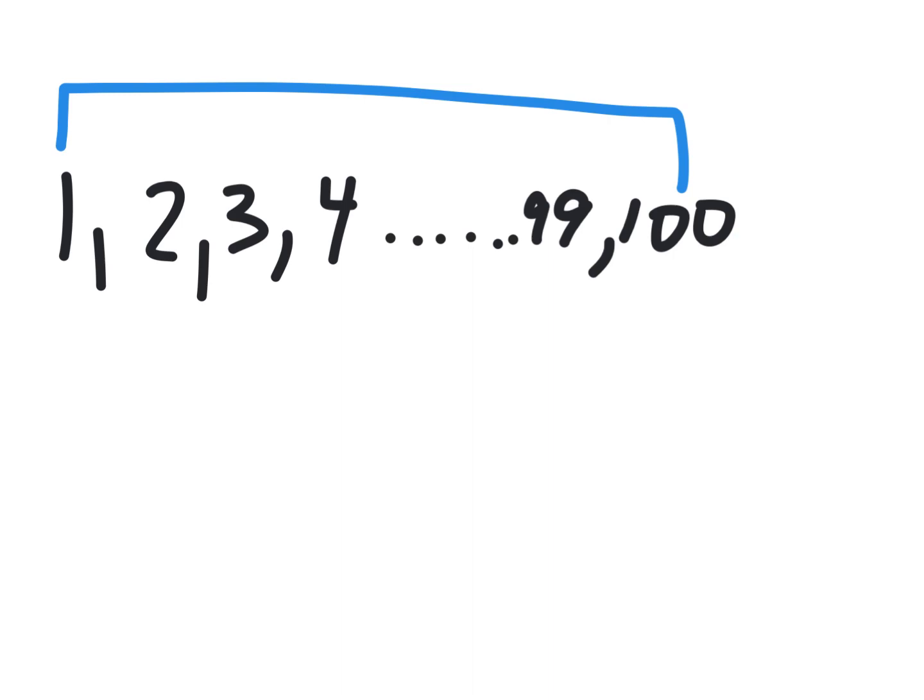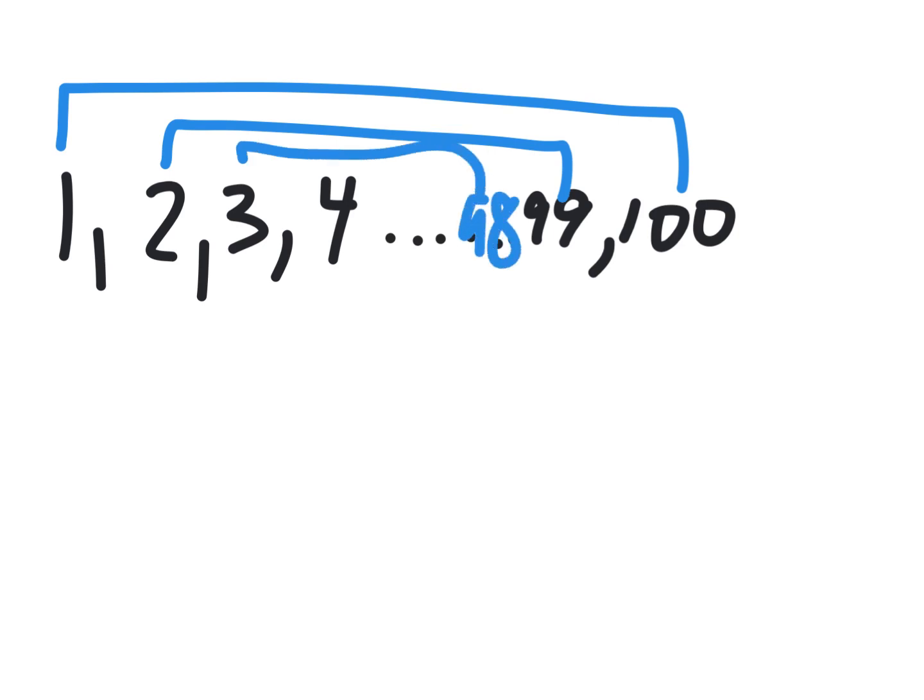Come on, add them together. What do you get? 101. What do you think you get when you add 99 and 2? 101. Do you think that's going to keep happening? How about 98 and 3? Doesn't that make 101? And I'm sure by then he was like, it's definitely 101 each time.